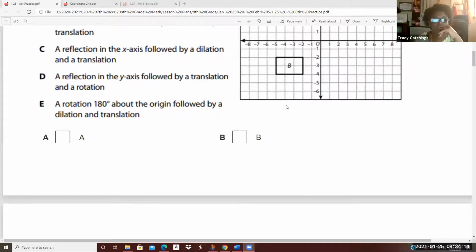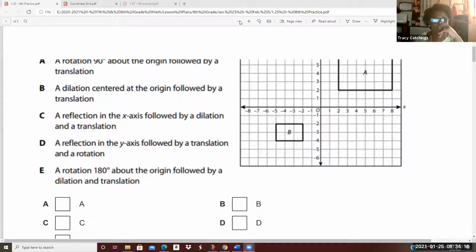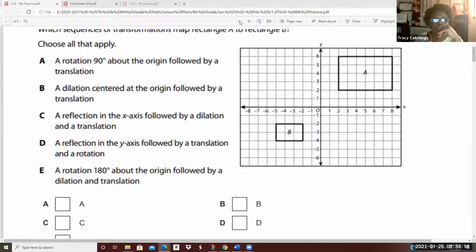All right, someone who can see. Read number 2.